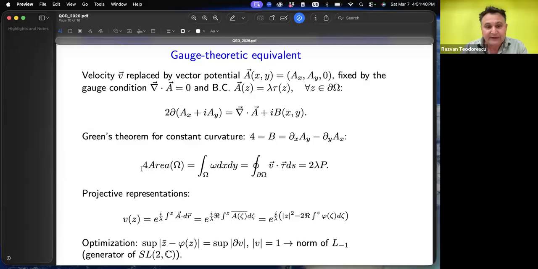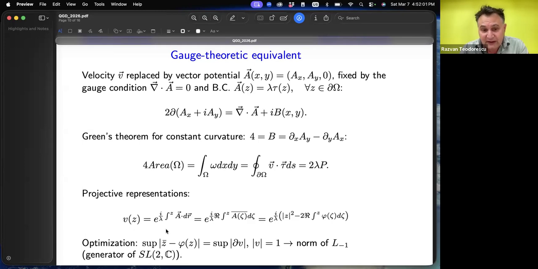For example, the extremal domain condition satisfied by the domain itself is basically nothing else than an application of Green's theorem for this vector potential on the domain omega.